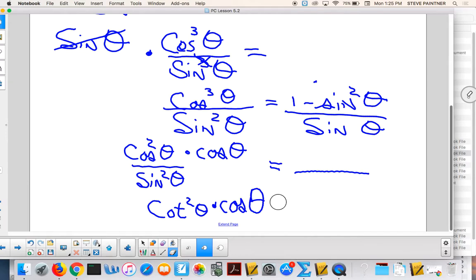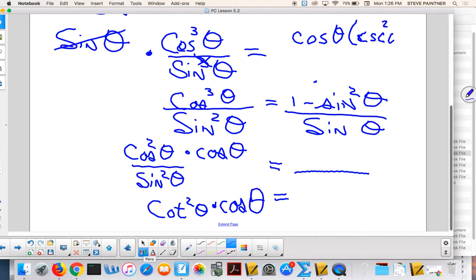On the right side, it was cosine times what? Cosecant squared minus 1, which is really what though? Cotangent squared. Which is right there. So we do have it.